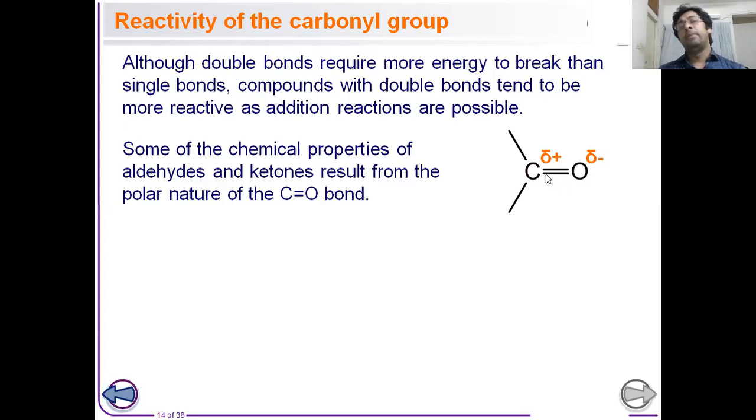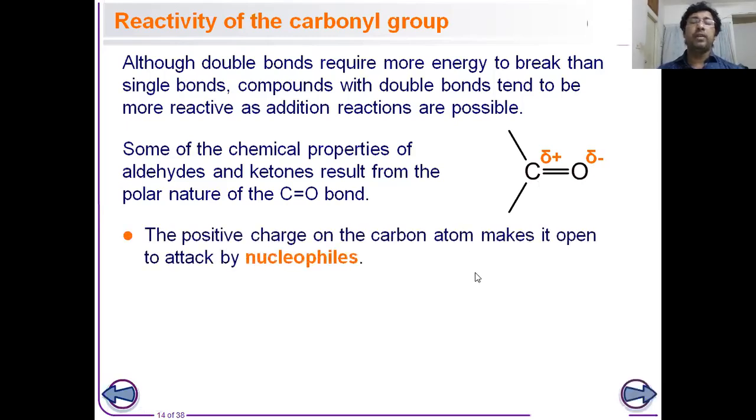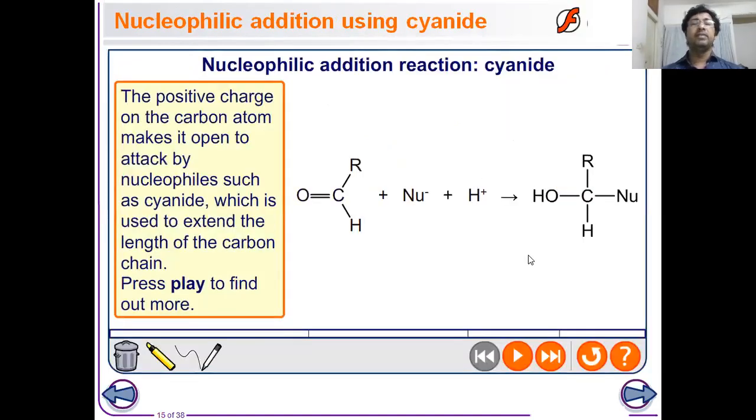As a pi bond is present here, it will tend to be very reactive in the reaction, as we know that pi bonds are very weak. Oxygen is much more electronegative than carbon. So oxygen will be partially negatively charged and carbon will be partially positively charged. So this carbon can be attacked by a nucleophile. Let's see the mechanism in the next slide.